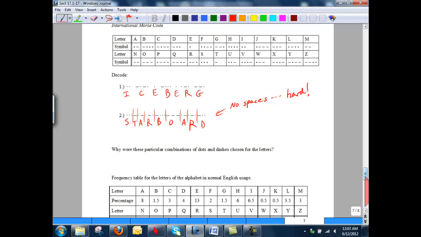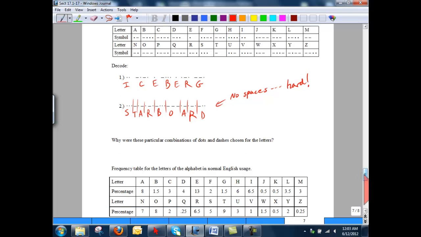Well, if you look at what's on top of the screen right now and what's on the bottom of the screen right now, this is a frequency of usage chart for English. Take many pages of English text, an entire newspaper, say, and go through and tally what percentage of the letters used are A's, B's, C's, D's, E's, and so on.